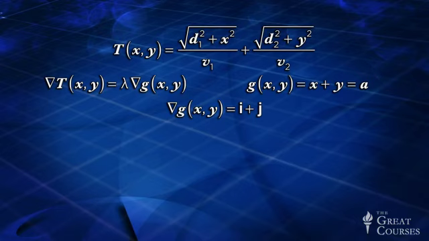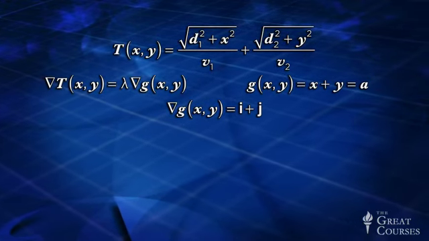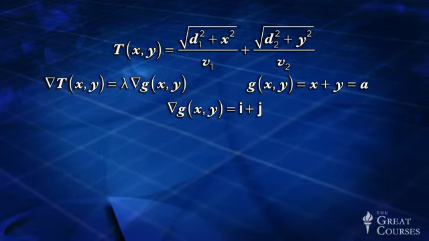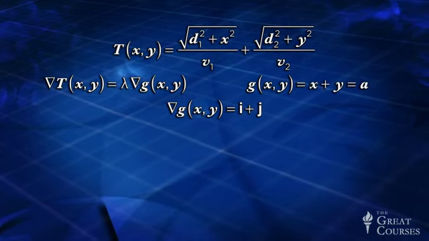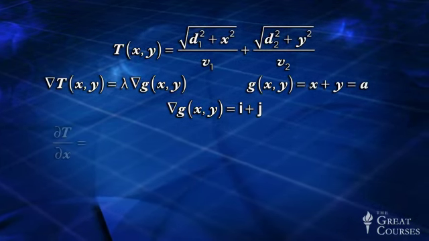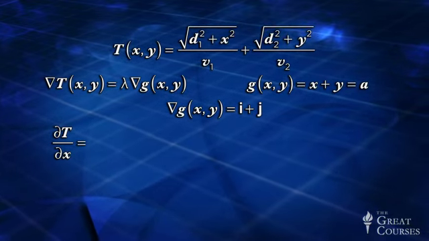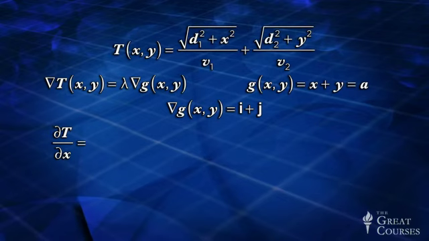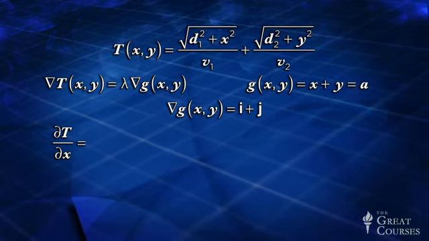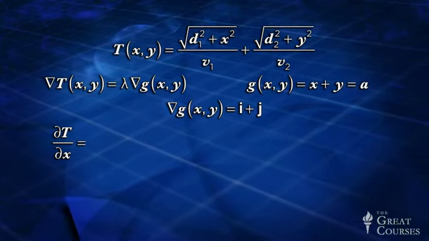We have to do some calculus here. t is equal to that radical d1 squared plus x squared over v1 plus the other term. What's the partial of t with respect to x? Well, the y part doesn't have x, so its derivative is 0. So all I have to do is differentiate that radical divided by v1.